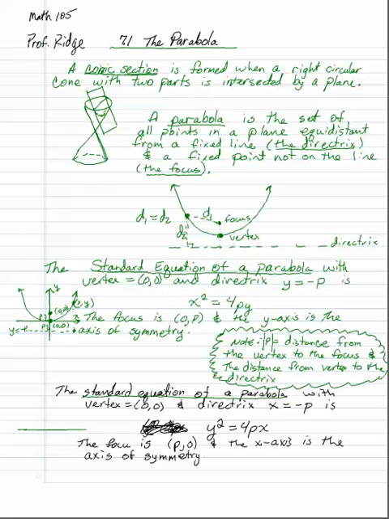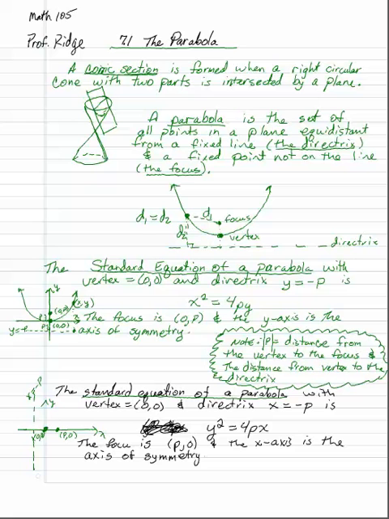So if this was x, y, the vertex is 0, 0. So that's your vertex. And then the directrix is x equals negative p, so it's a vertical line. This is x equals negative p. And then that point would be your focus, which would be p comma 0.